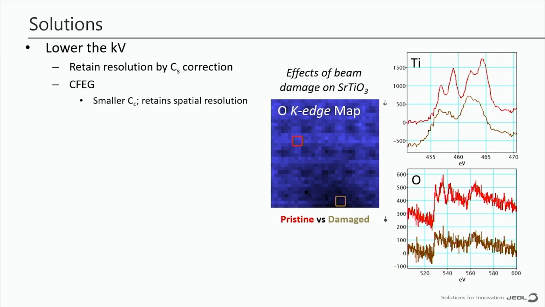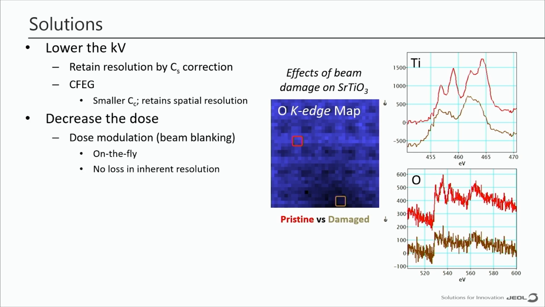So our solutions for lowering the kV, we can retain some of the resolution by aberration correction. You heard a bit about that already this morning. And also by using a cold field emission source. That will help us minimize some of the other aberrations as we change and correct out the Cs. This helps us retain our spatial resolution. Decreasing the dose, we can do this by dose modulation.